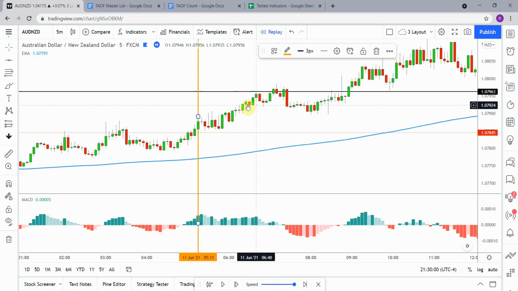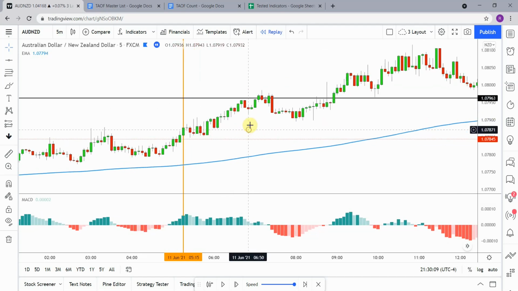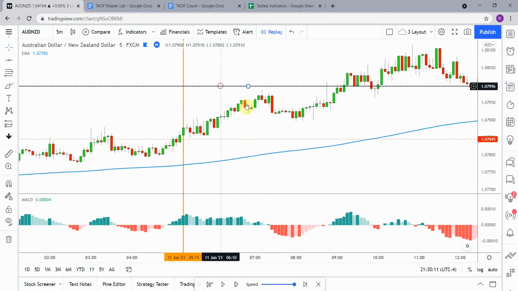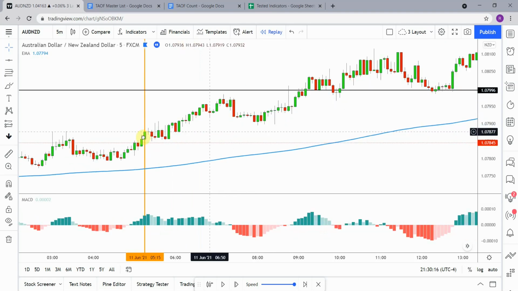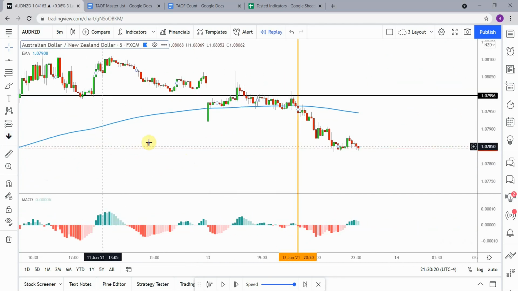And then right here you can see we had a multi-candle pullback. Like I said, it doesn't have to be just one. It can be a multi-candle pullback as well. So that's a long setup right there.